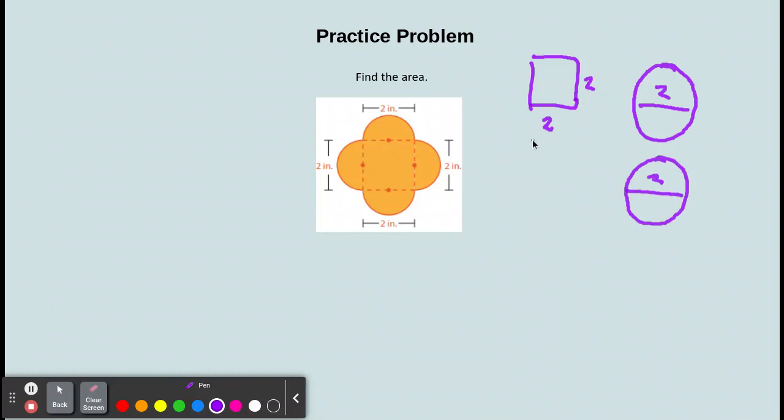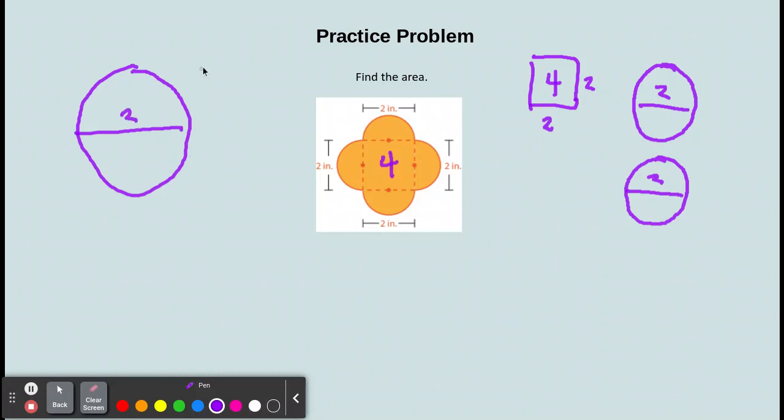Okay, so we want to find just the area. We know the area of a square is just the sides squared, so 2 times 2, so that one's 4. But now for these 4 semicircles, which is equal to 2 whole circles, the one circle, let's enlarge it over here, has a diameter of 2.